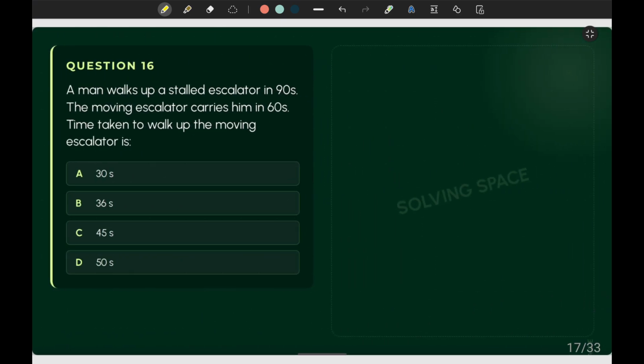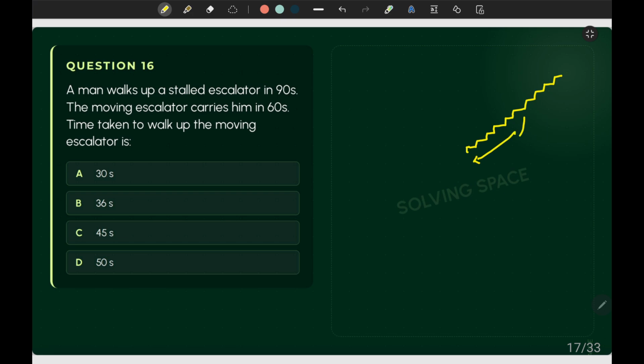Question number 16. A man walks up a stalled escalator in 90 seconds. The moving escalator carries him in 60 seconds. Time taken to walk up the moving escalator is A, B, C and D. So let this be the escalator, a moving escalator, just like in Bhatbateni supermarket.